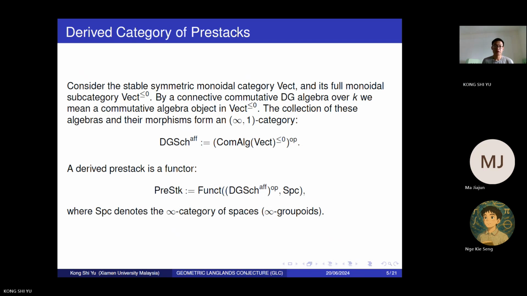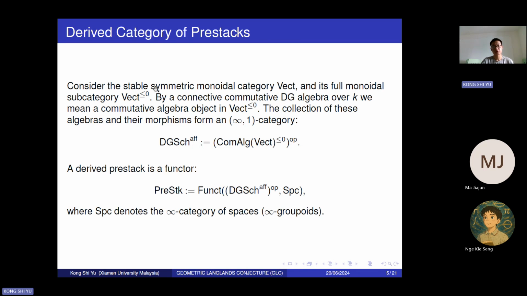As I mentioned before, in this context our GLC is focusing on derived algebraic geometry. So we are not only looking at the usual prestack, we are particularly looking at the derived version of a prestack, defined as follows. Before we get into the derived prestack, we will look at this category.